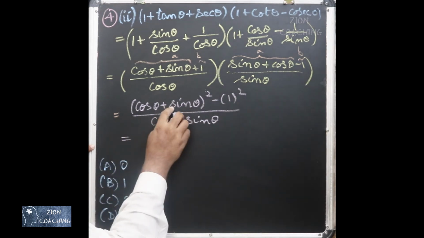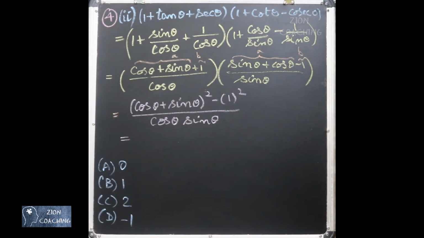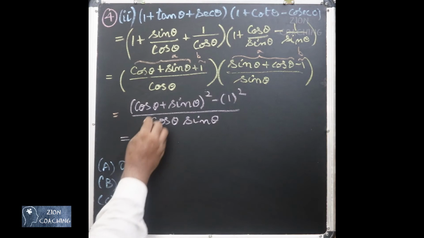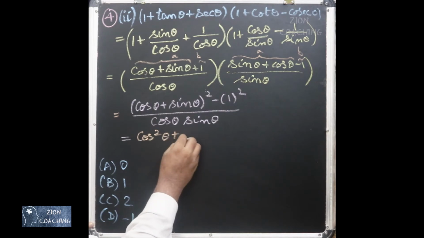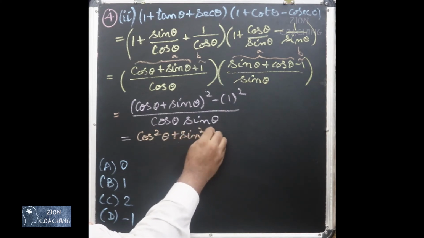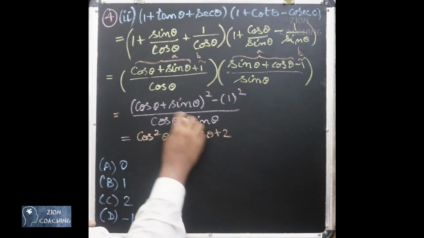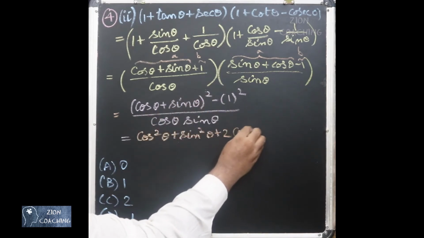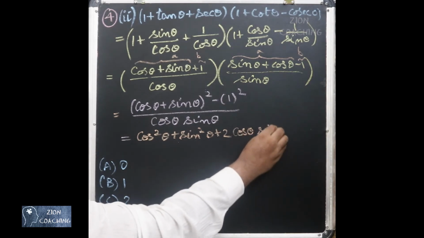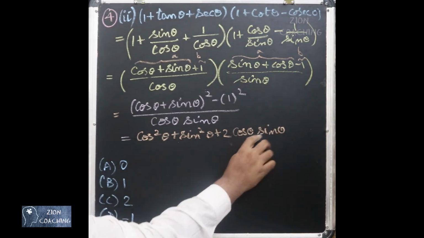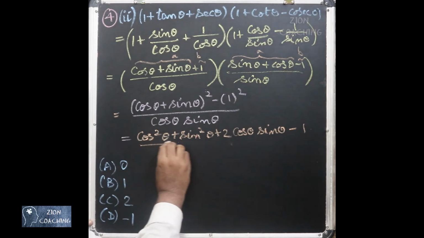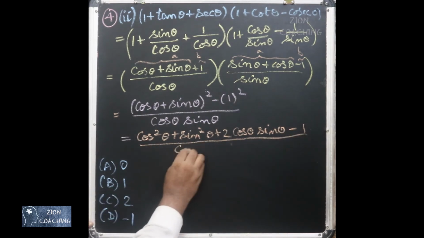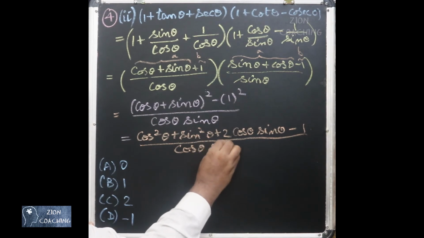Now we are going to expand this using the a plus b whole squared formula. When you expand, you will get a squared, which is cos squared theta, plus b squared, which is sin squared theta, plus 2 into a into b, that is 2 cos theta sin theta, minus that 1 squared, which is 1, divided by cos theta sin theta.